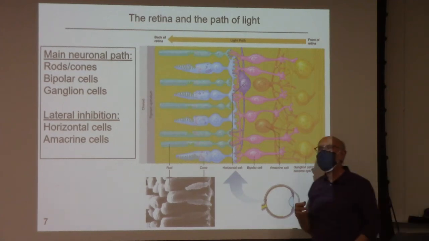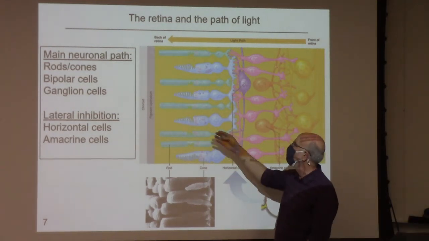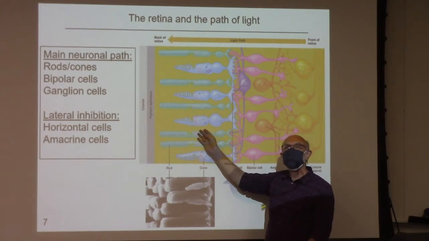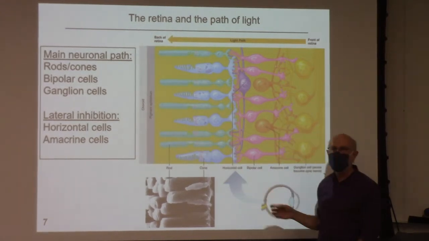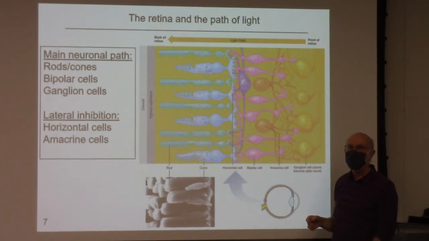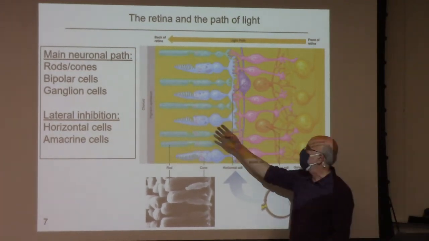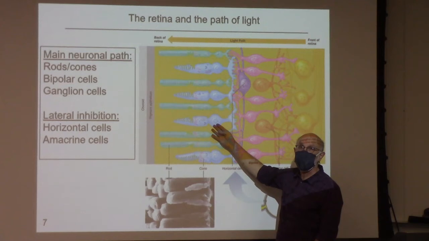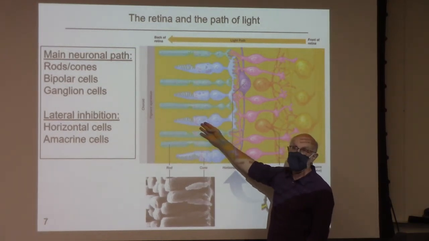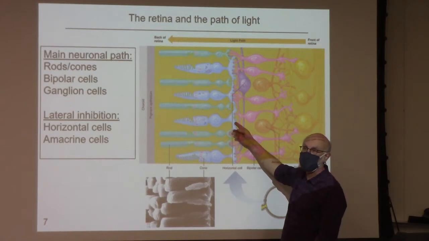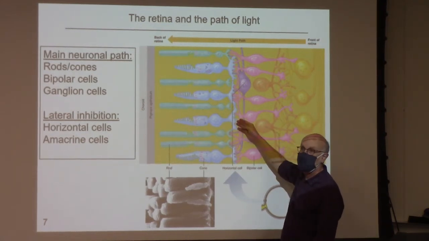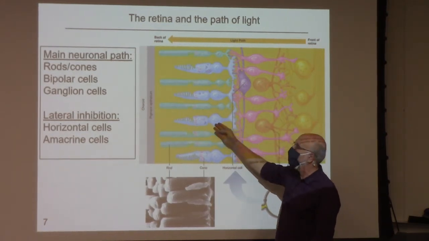So now, using your knowledge from last week, are rods and cones long receptor cells or short receptor cells? Short. They're short receptor cells. These cells do not have an axon. They transduce light and they release chemicals, neurotransmitters, at the synapse, but they don't fire action potentials.